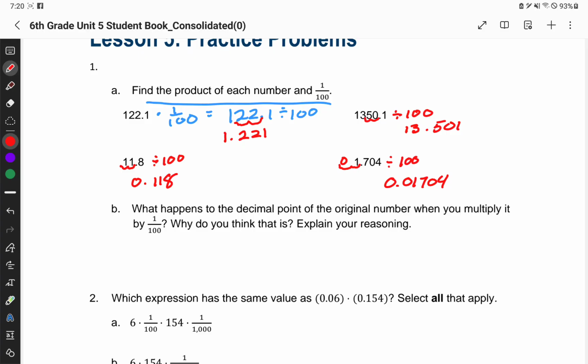Now, what happens to the decimal point of the original number when you multiply it by 1 over 100? Well, what did we do up here on question 1? It moves left 2 spaces. Why?